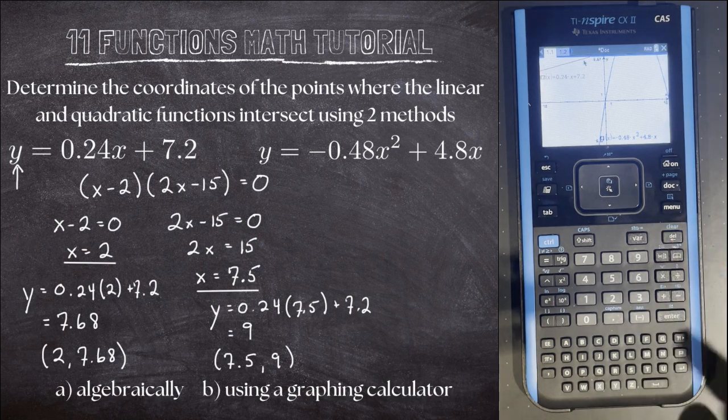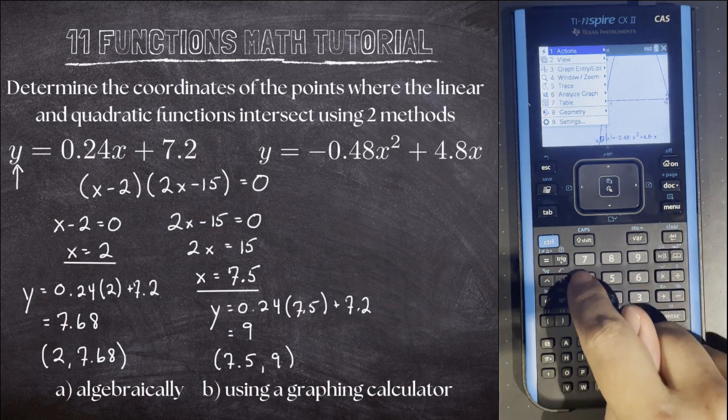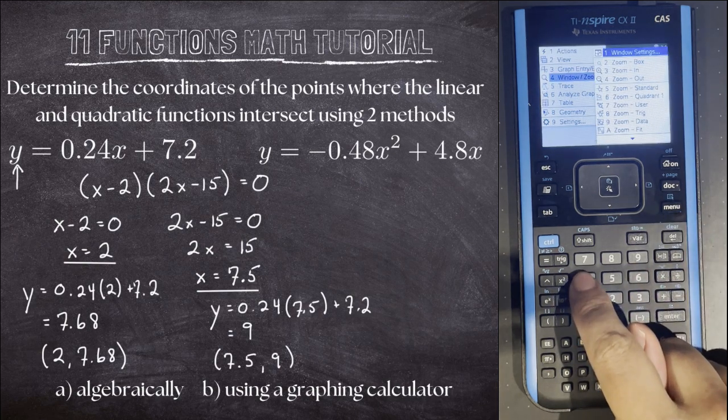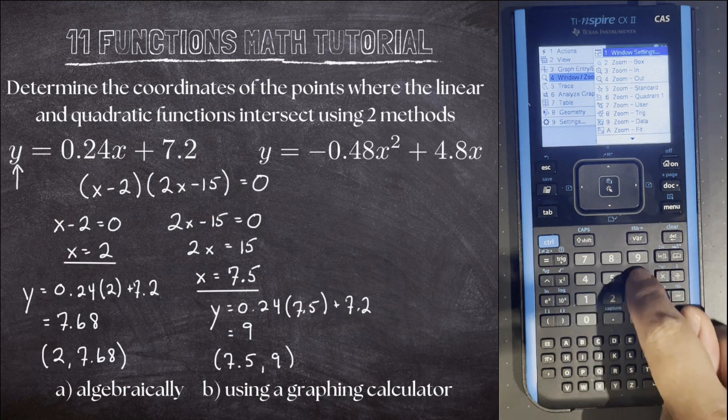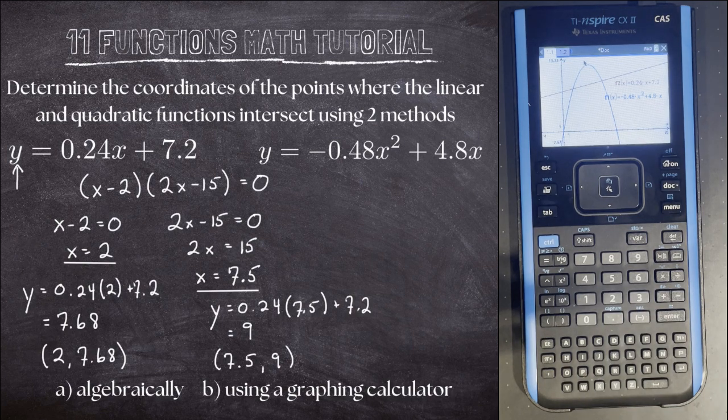Now I can't see any intersection points, so let's go to Menu, and we're going to go to Window and Zoom. I'm going to zoom into quadrant 1, because that's where this one appears to be. There we go, that's much better. So we clearly have two intersection points.